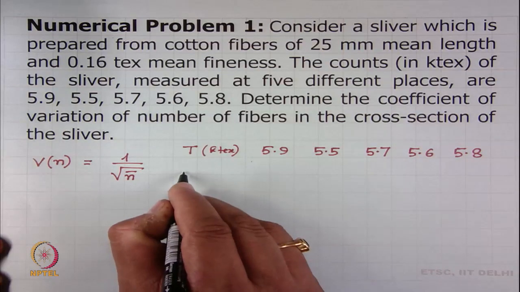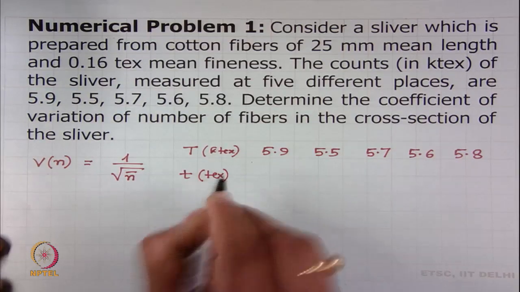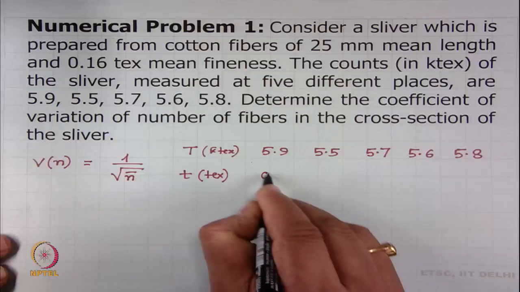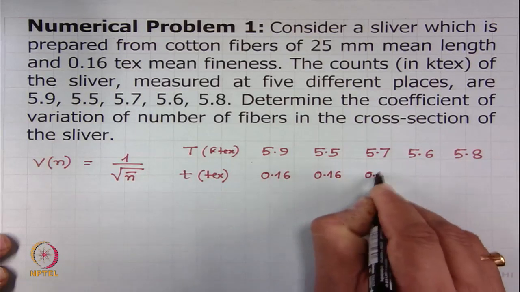And we need to see, fiber fineness is also given, 0.16, same for all 5 readings.